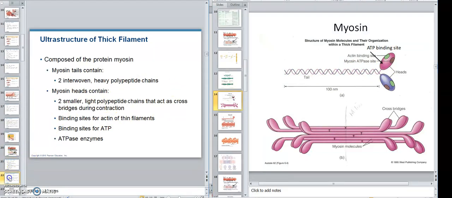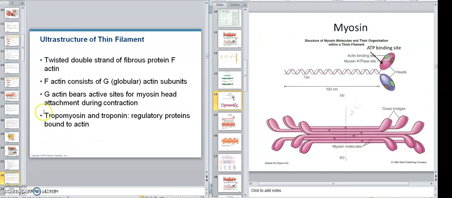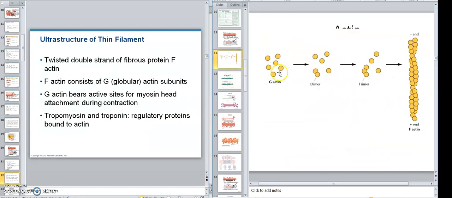All right, see what else we got. The ultrastructure of the thin filament, remember, let's go to the thin again, just being sure about it. The thin filament is made up of G actins. We polymerize them like two pearl necklaces. That's F actin, which consists of the globular actin units. Globular actin bears active sites for the myosin head. So let's go back to that picture.